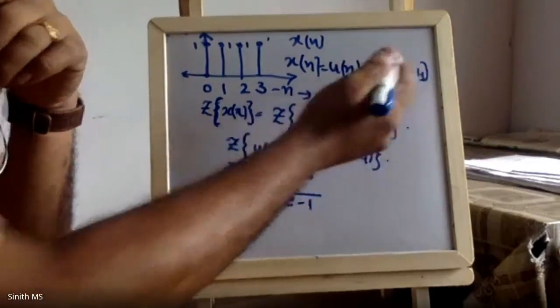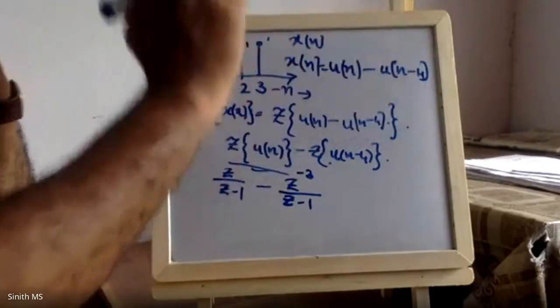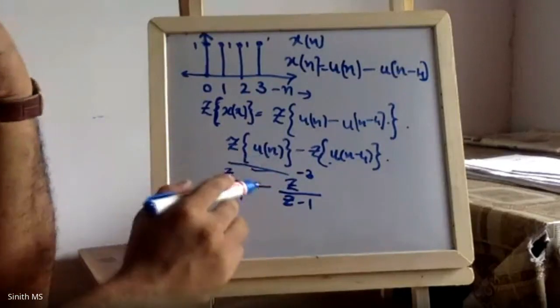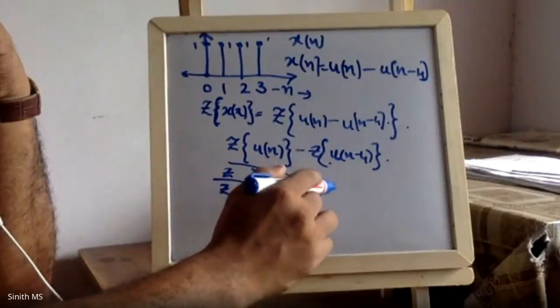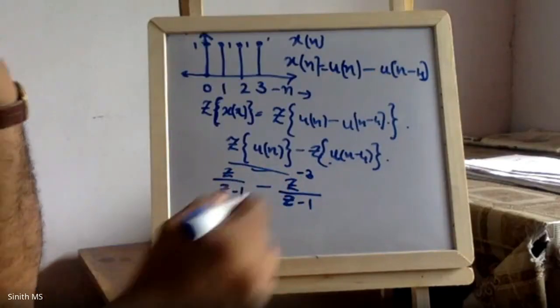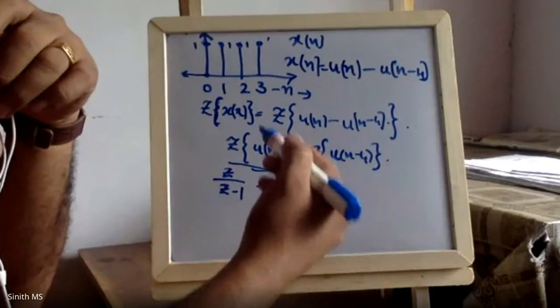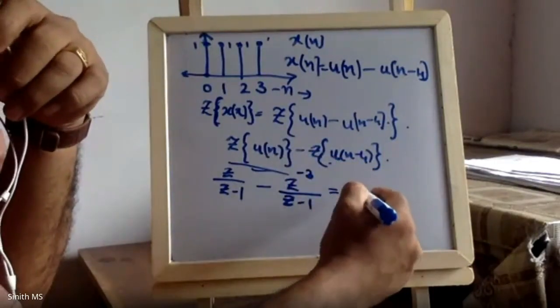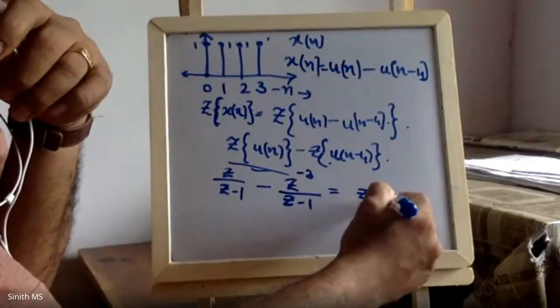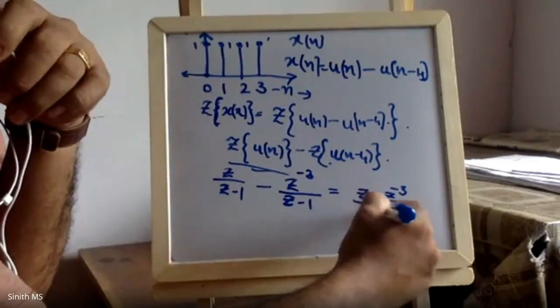So UN minus 4 will have a Z transform z raised to minus 4 into z by z minus 1. So z raised to minus 4 into z means it is z raised to minus 3. So z raised to minus 3 by z minus 1. This you can write as z minus z raised to minus 3 by z minus 1.